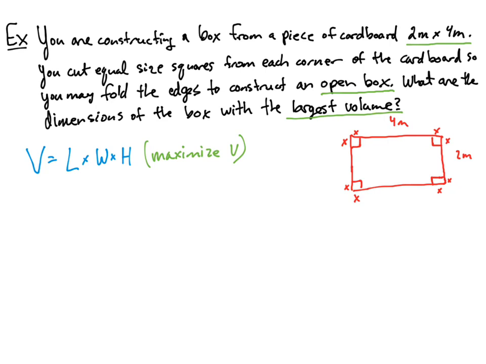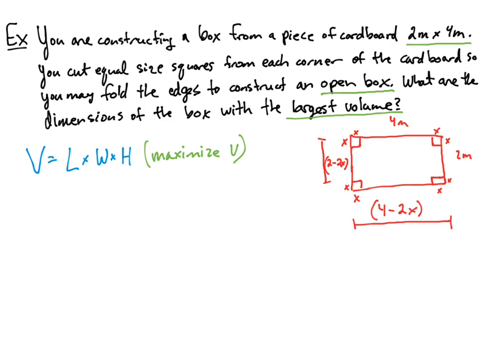So the length of this piece of cardboard we could say is 4 minus 2x. That's going to be this entire length here. And then similarly, the value here is going to be 2 minus 2x. Okay, and then once we fold up the corners, the height of the box is going to be x.